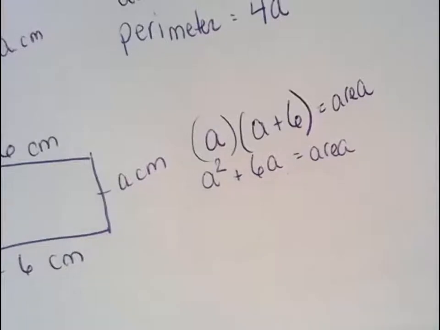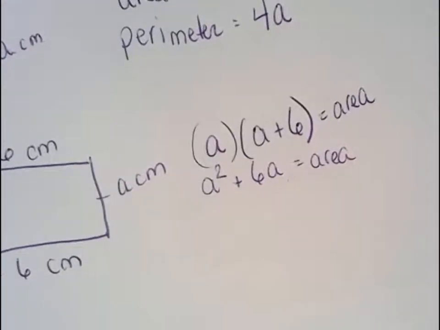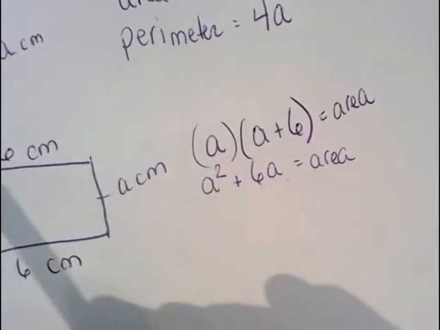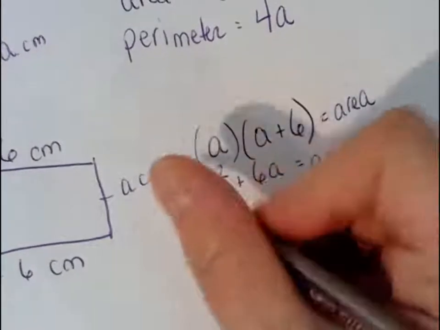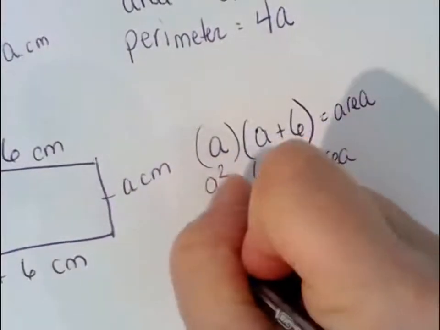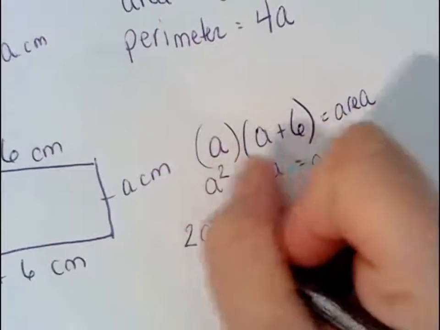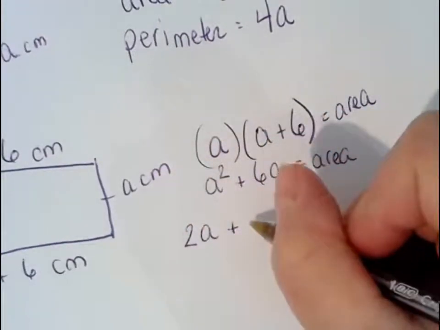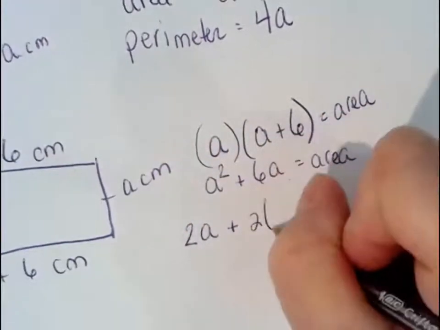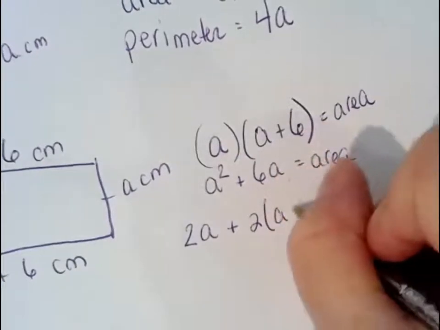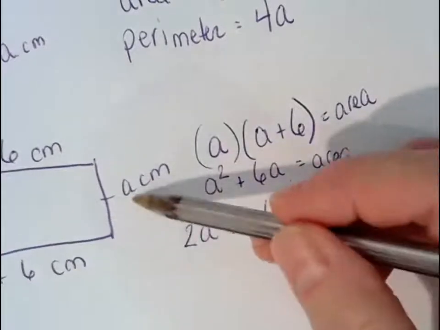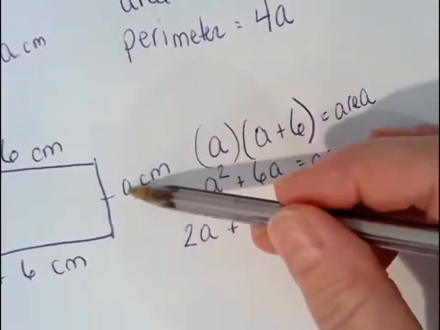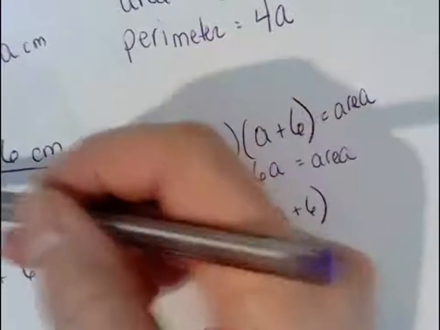Okay, now we have to figure out the perimeter. So the perimeter is going to be A plus 6 plus A plus A plus 6, or 2 times A plus 2 times A plus 6. So 2 times A, plus 2 times this quantity here.